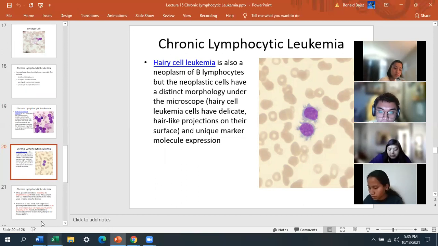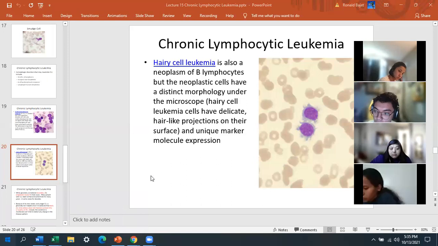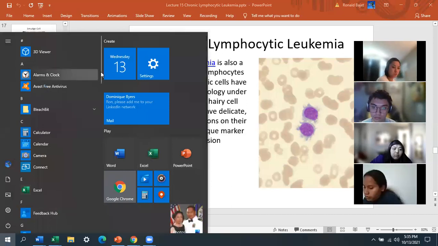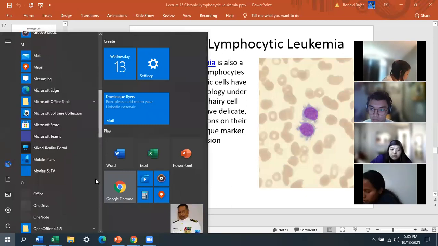It's called a TRAP stain. Tartrate resistant acid phosphatase. I'm going to type that out for you because I think you need to know.